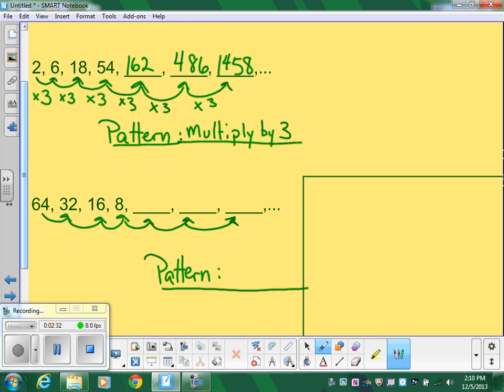In this particular case, we're really going to divide by 2 each time. Which means the next term in our sequence would be 4, followed by 2, followed by 1.